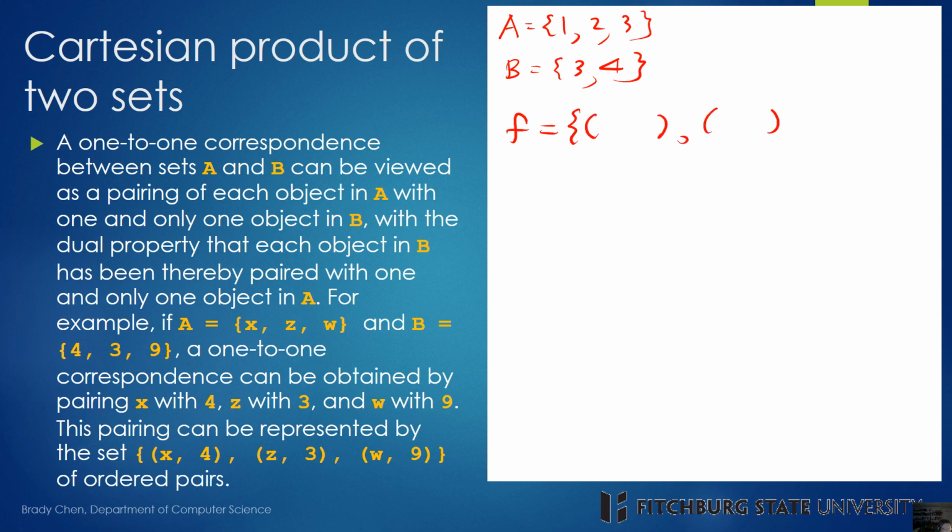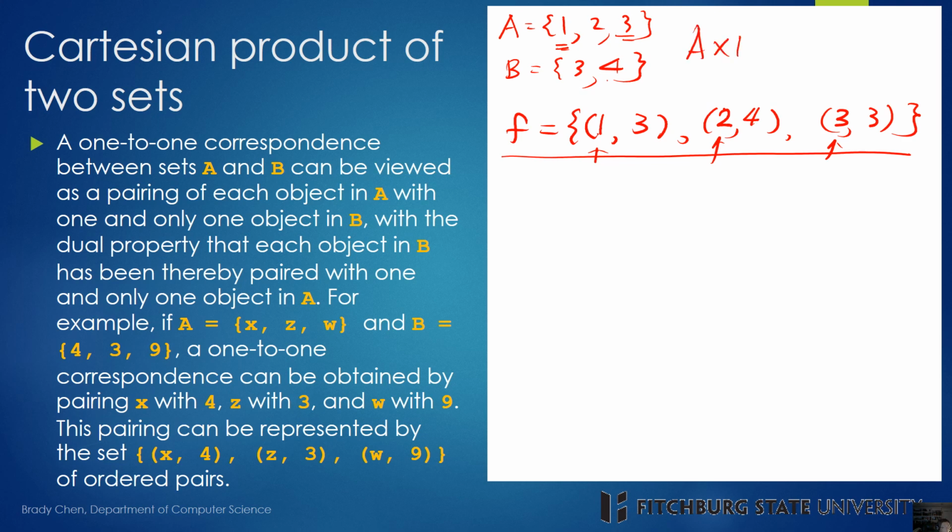Now in these ordered pairs, for each element in A, you can find a unique value in B. For example, the value 2 maps to 4, and the value 3 maps to 3. So that means for each value in A, we define a unique value in B. That defines something called a function. A function is basically a subset of the Cartesian product of A and B, right?